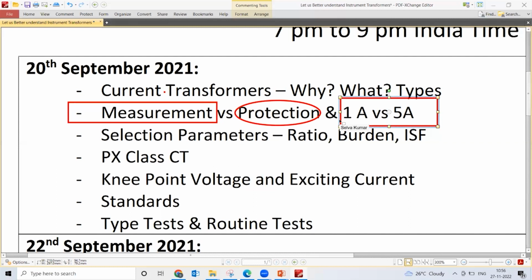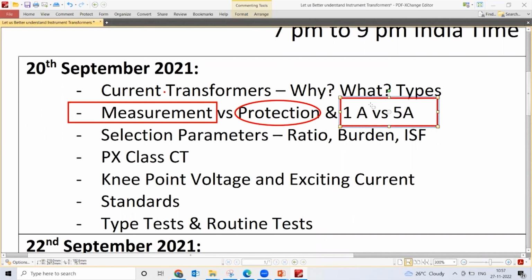If you're choosing a 5 amp CT, the size will be less. But if you're choosing a 5 amp CT, the burden connected on the secondary side will be increased by 25 times, I square, right? 5 square. 1 square is 1, whereas 5 square is 25. So the connected burden will increase by 25 times. So you have to be a bit careful when you're choosing 1 amp or 5 amp, right?